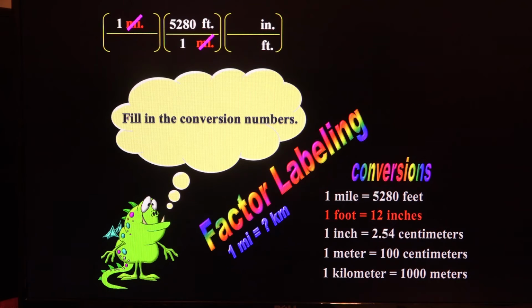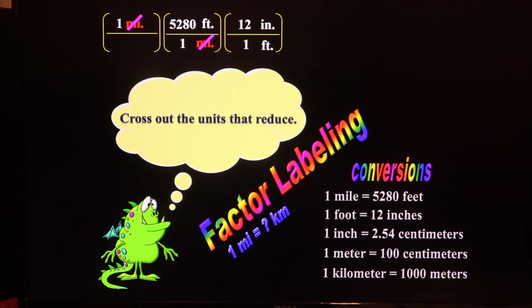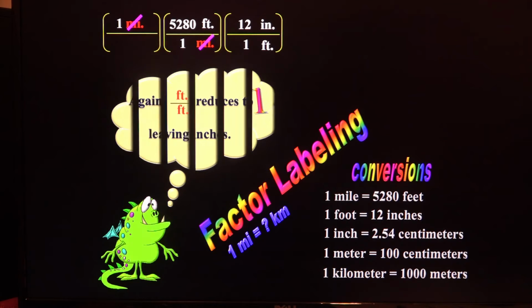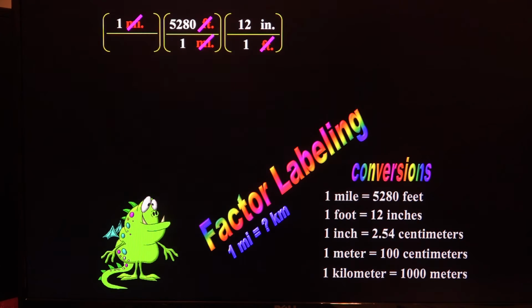Okay, now let's fill in the conversion numbers. We know that 1 foot is 12 inches. Put 1 next to the foot, 12 next to the inches. Cross out the units that reduce. We have feet in the numerator and feet in the denominator, so they reduce to 1 and drop out.